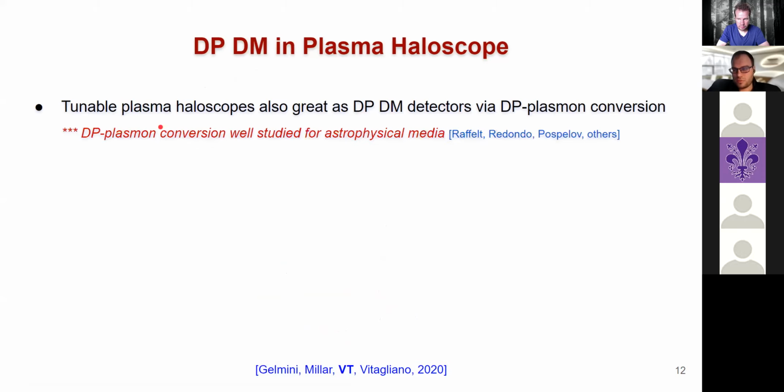I would like to note that while dark photon-plasmon interaction has not been considered in laboratory settings before our study, this has been pretty well known in the case of astrophysical environments. There are many important works by Grifols, Redondo, and Maxim Pospelov had works on this also, and so on. And this is a laboratory application.